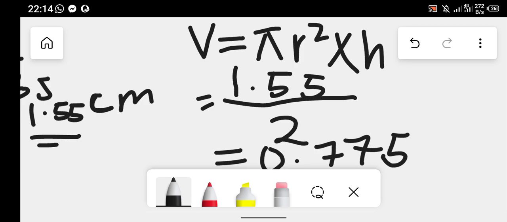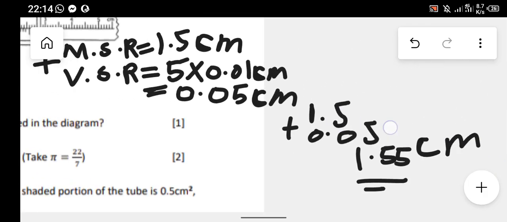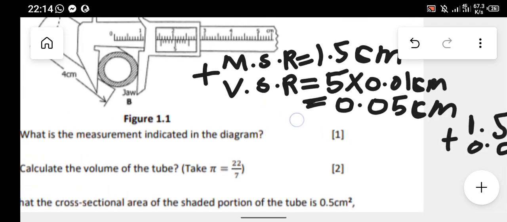Okay, now we have our radius right there. This is our radius. What do we need next in the formula? We need to find our height. So let's look at our diagram. From our diagram, that's where we get our height.